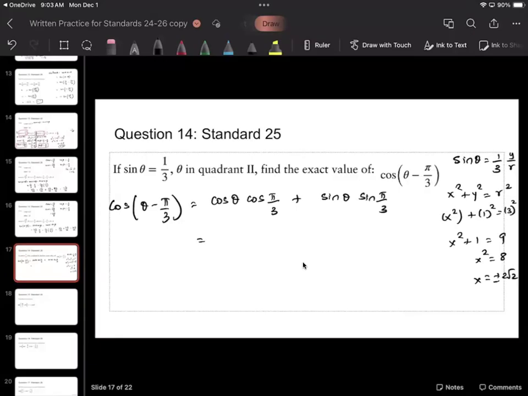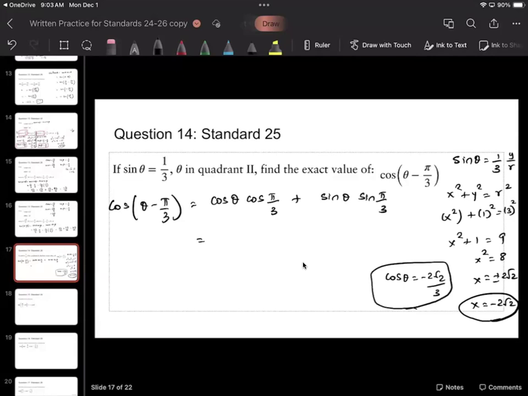But because it is the second quadrant, I only take the negative value. So which means cosine theta is negative 2 root 2 over 3. Okay, so this is the value that I am interested in. I hope this makes sense to you. So we are just using the x squared plus y squared equals r squared to evaluate cosine theta, given sine theta is 1/3. And that's it.